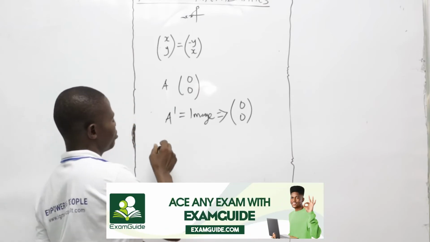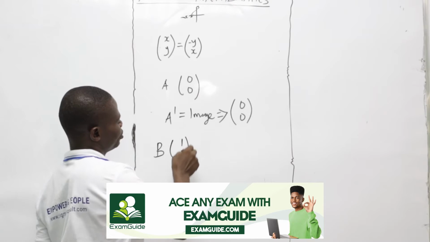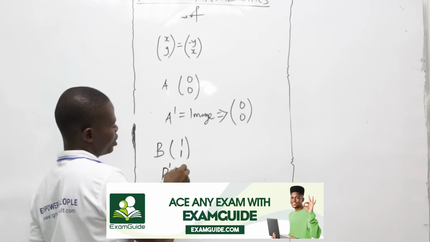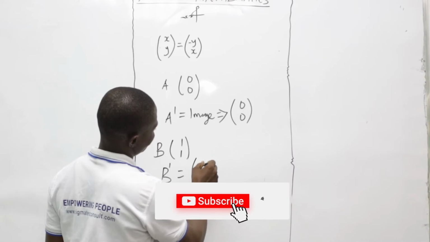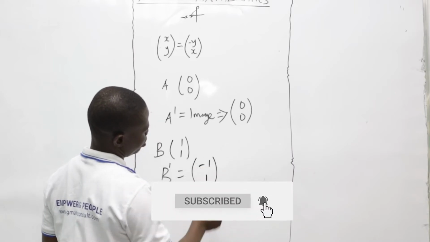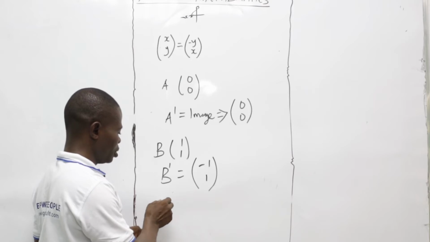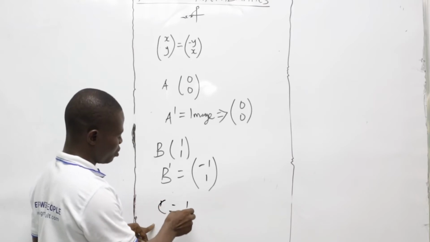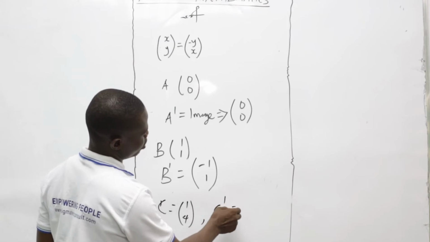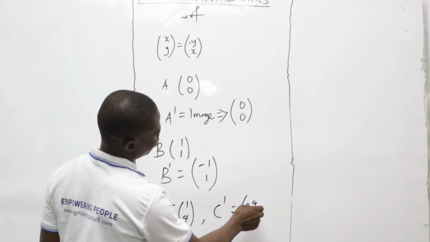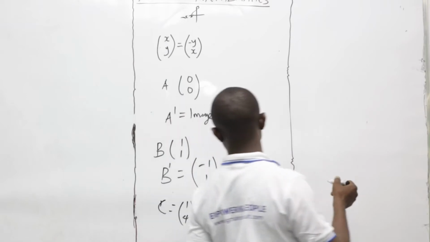For B prime, B equals 1, 1, then B prime equals minus 1 and 1. C equals 1, 4. Then C prime equals what? Minus 4, 1. Let us use the formula method to solve.